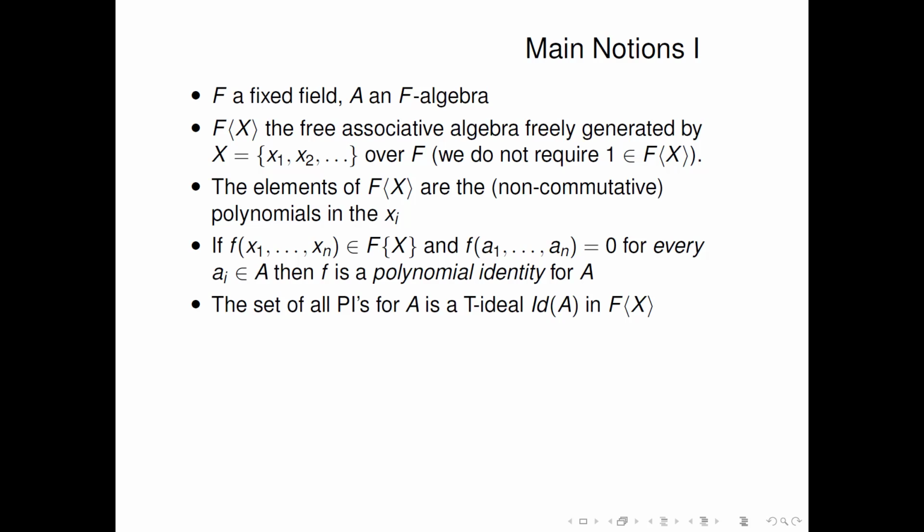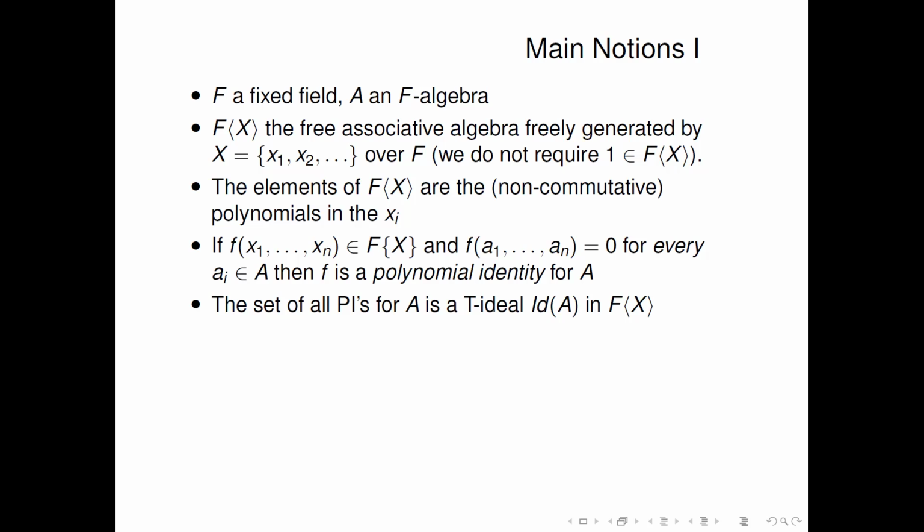In fact, it is a bit more than an ideal, since in addition to these two operations, that is forming linear combinations and multiplying from left or right by anything, it is invariant under substitutions. That is, it is invariant under endomorphisms of the free associative algebra, since an endomorphism is defined by the images of the x's.